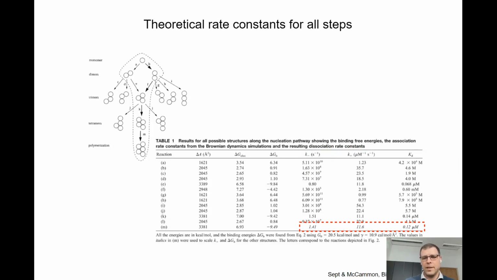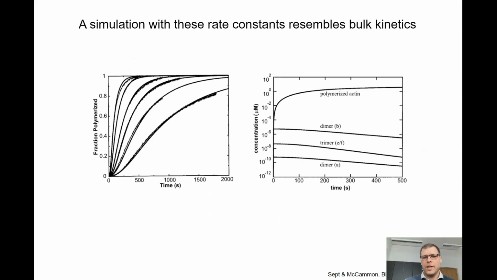Then they used this model and scaled their theoretical rate constants to experimentally determined ones and compared their predicted bulk scattering curves with experimental ones, and found that their model would explain it quite well. They could even determine time courses for the individual different nucleation species over time.